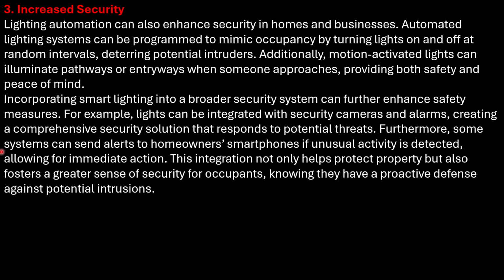Furthermore, some systems can send alerts to homeowners' smartphones if unusual activity is detected, allowing for immediate action. This integration not only helps protect property but also fosters a greater sense of security for occupants, knowing that they have a proactive defense against potential intrusion.